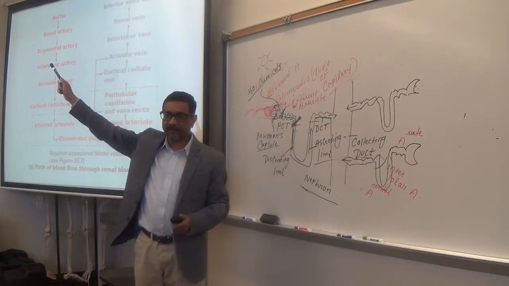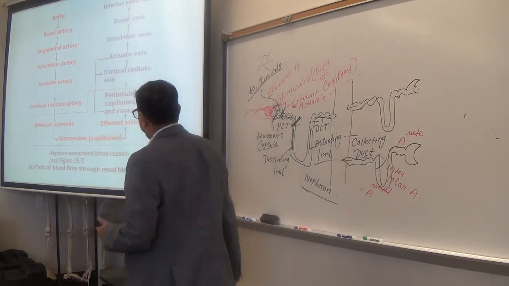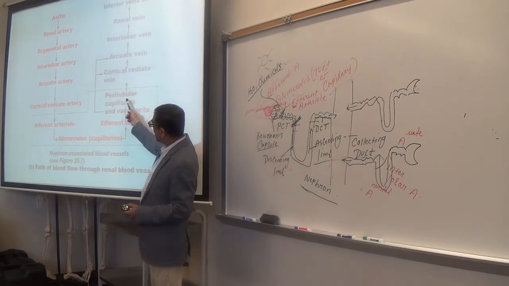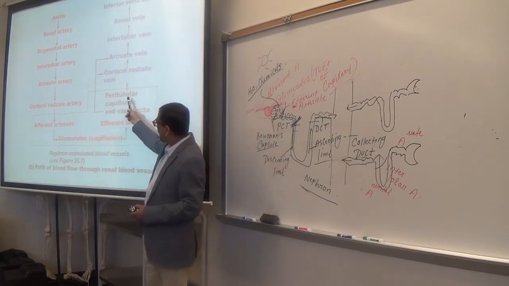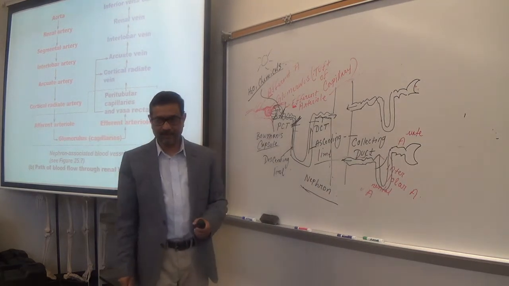Then efferent artery. Now what happens? The blood enters into 2 other capillary structures. One is called peritubular capillaries and another vasa recta.